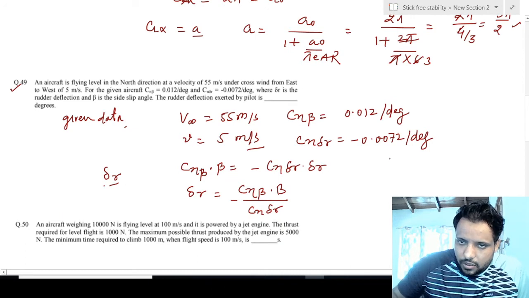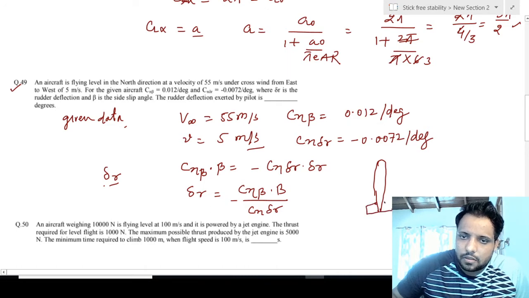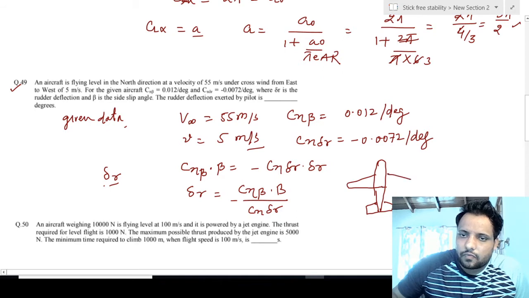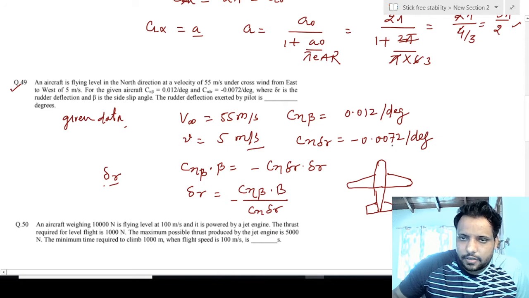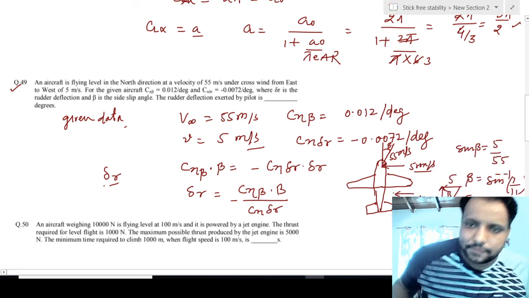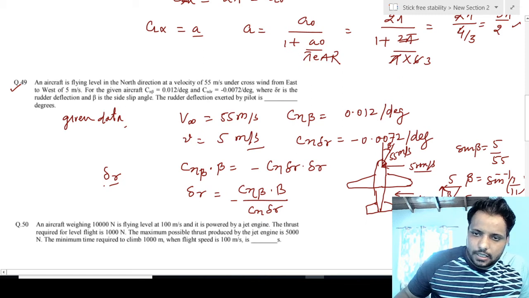If I draw the diagram, let's say this is an aircraft, and because of crosswind it is flying at this 55 meter per second. This angle is beta, so 55 meter per second, and there is a crosswind of 5 meter per second, which means it is in the negative direction.